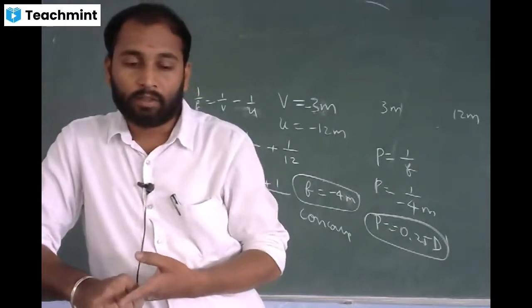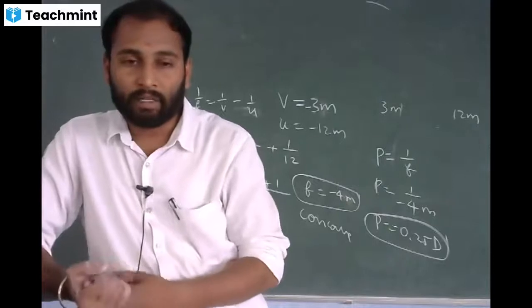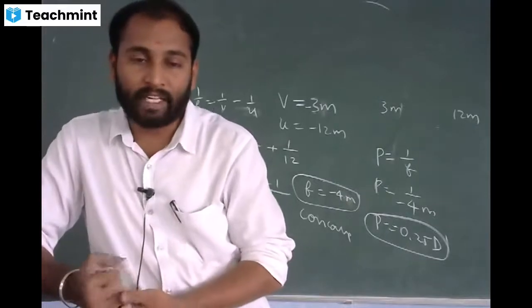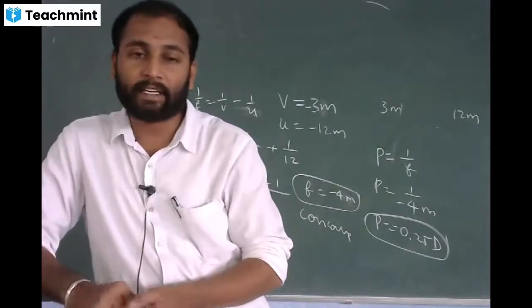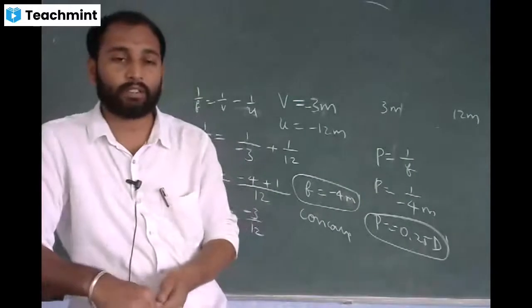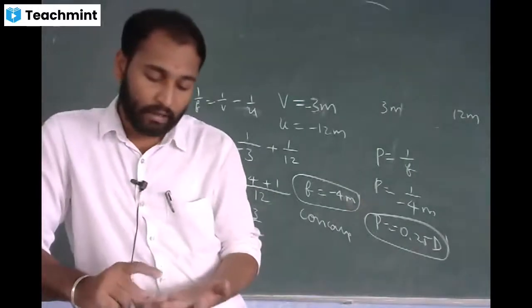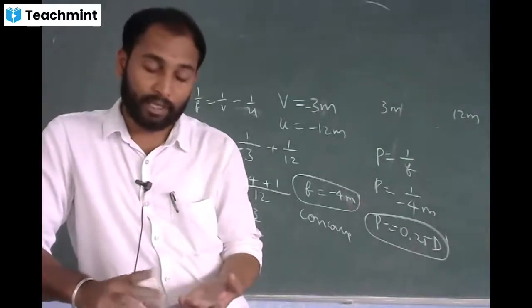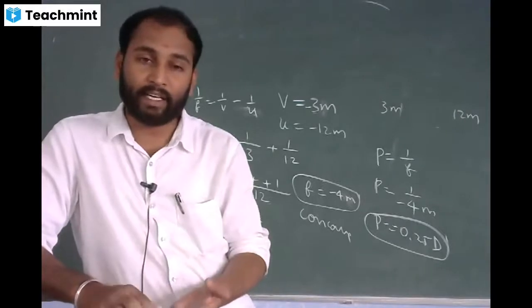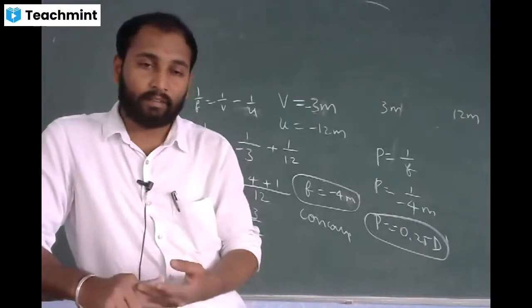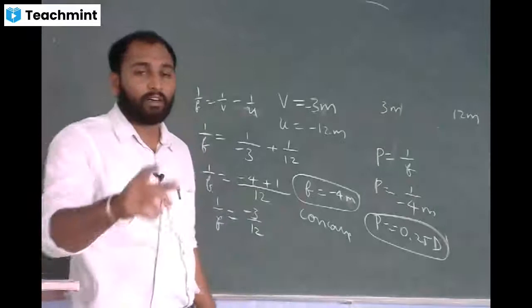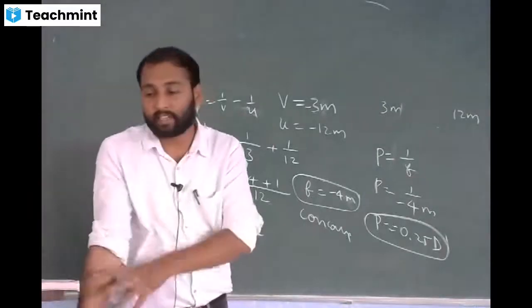Yes, sir. So I will continue from the magnetic field around a straight conductor carrying current from tomorrow's class. Tomorrow I will take, day after tomorrow I will take, and if possible Monday and Tuesday, 2 days I'll take. I will try to finish the magnetic effect of electric current chapter also.